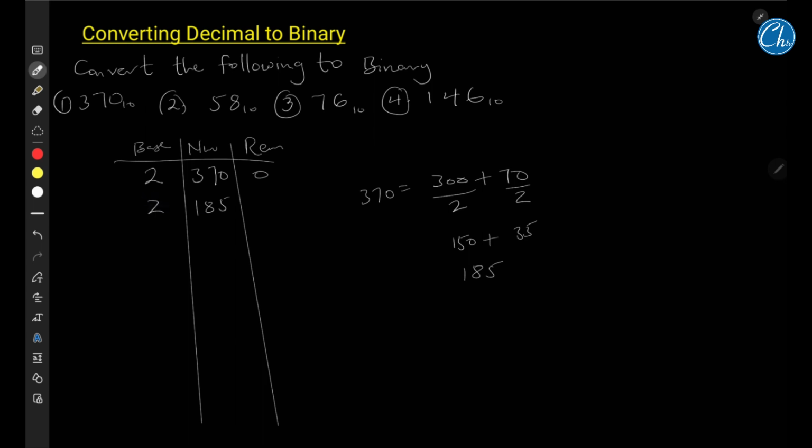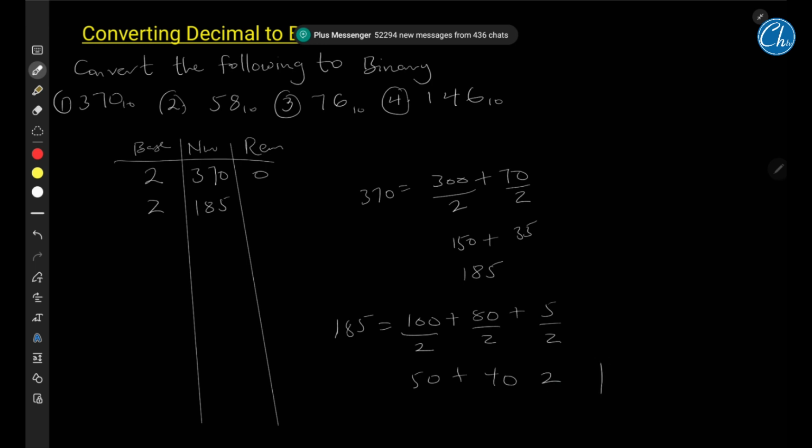Repeat your 2. And then find the number of times 2 goes into 185. You can expand it as well. 185 is equal to 100 plus 80 plus 5, right? So 100 divided by 2, 80 divided by 2, 5 divided by 2. 100 divided by 2 will give us 50. 80 divided by 2 will give us 40. 5 divided by 2 will give us what? 2, remainder 1.